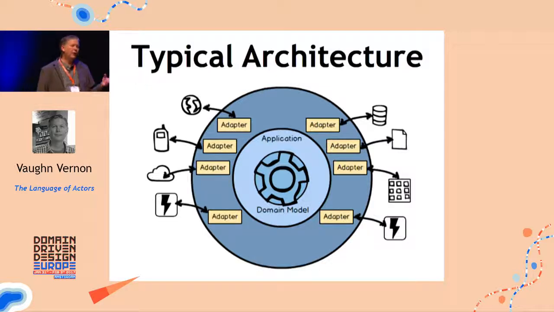The application services manage tasks for use cases or user stories, manage transactions, security, and so forth. And ultimately, using domain-driven design, we want to hand the heavy lifting of the business operations off to the domain model, which is at the heart of the software.